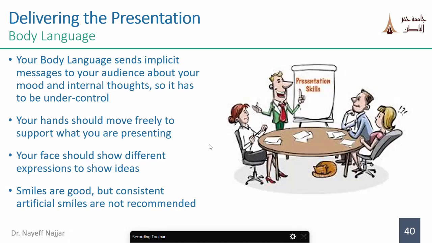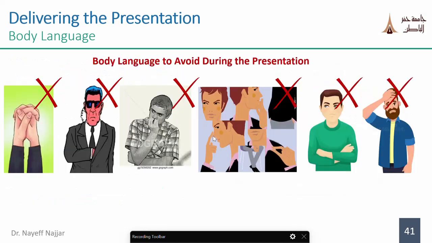There are some body language acts that you have to avoid. You should not hide your hands, for example, by putting them in your pockets. This is a sign of nervousness. Each one of these acts indicates some feelings of yours, and you want to avoid these indications.